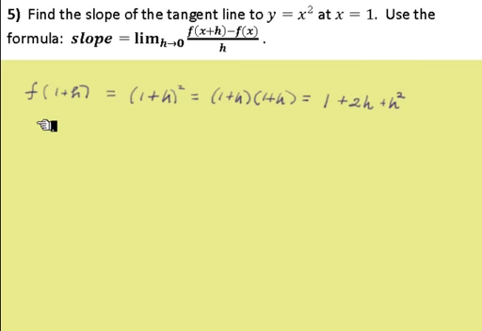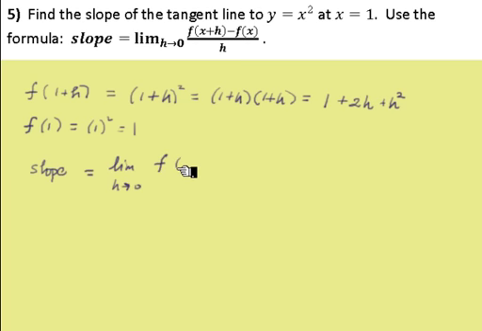And then here we have f of x, and in our case, again, x is equal to 1. So f of 1, that's 1 squared. That's 1. So we're finding the slope, and I'm just going to substitute in x equal 1, the limit h goes to 0.